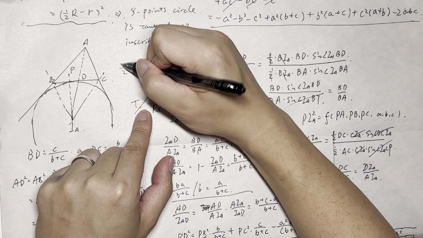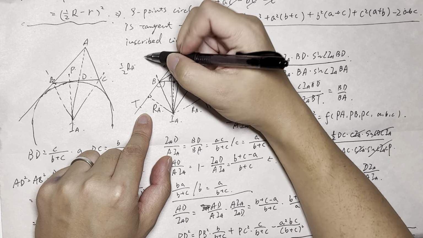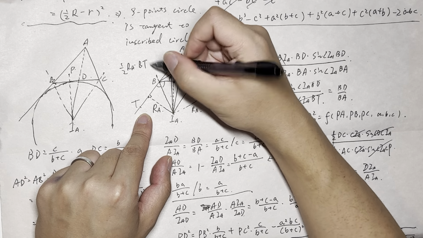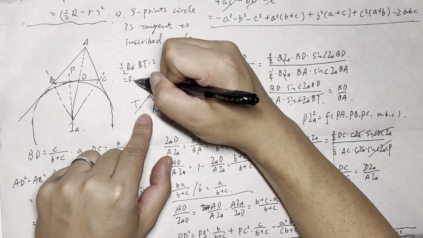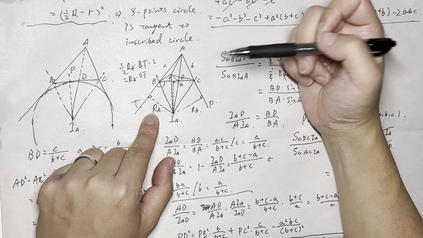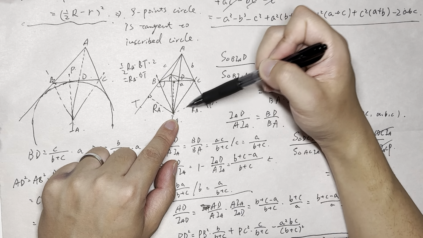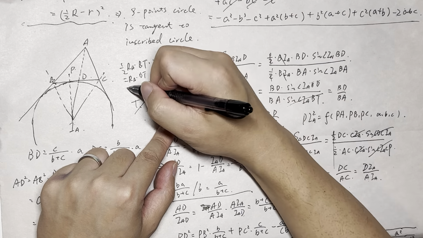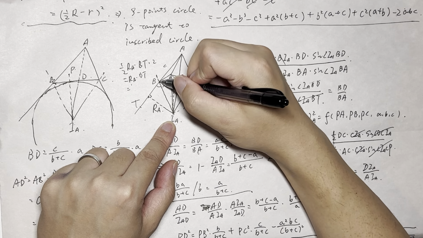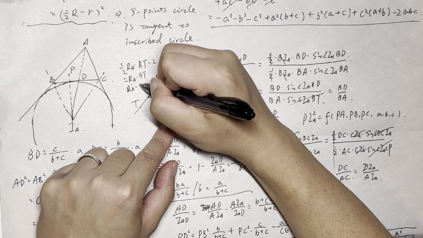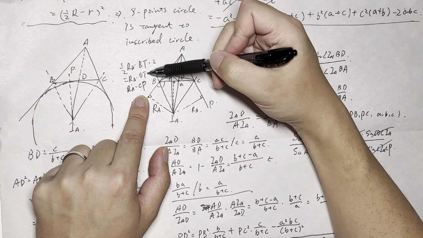That would be half RA times BT, which is the triangle area, times 2, so it equals RA times BT, right? And what's the area of this one? That's RA times CP. So the total area of this would be RA times CP plus RA times BT.